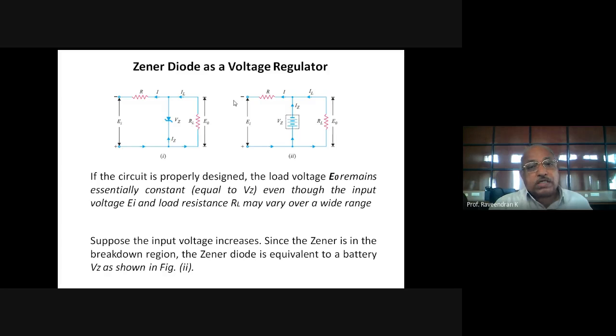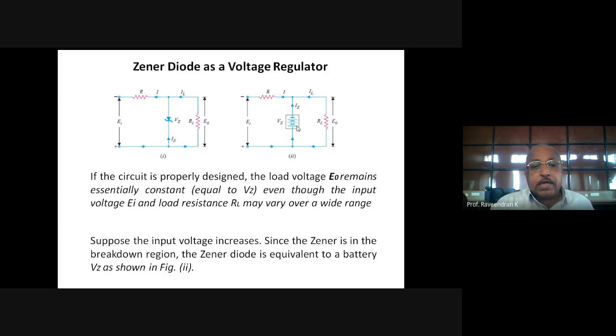It is kept constant as E0, that is equal to Vz. In this way, the Zener diode regulates the variations in input voltage and gives an output voltage that is constant. So in that case, we can consider this Zener regulator, or the Zener diode, to be a voltage source having Vz as its voltage.